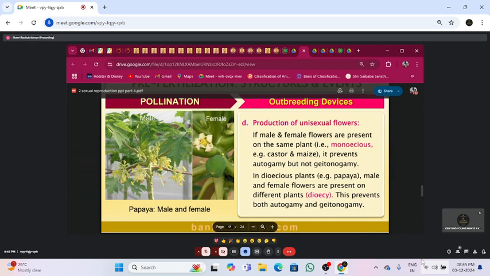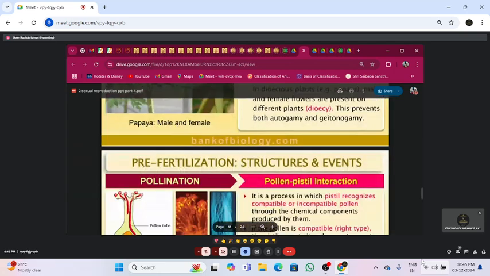That means one plant may have only male flowers and the other plant only female flowers, for example papaya. Only the plant which has the female flowers will have fruits. The plant which has the male flowers may not grow fruit. So this prevents autogamy and geitonogamy.